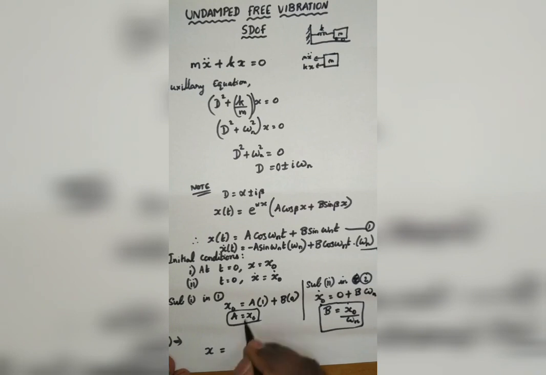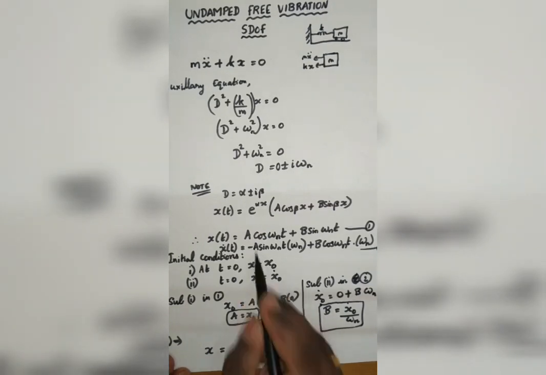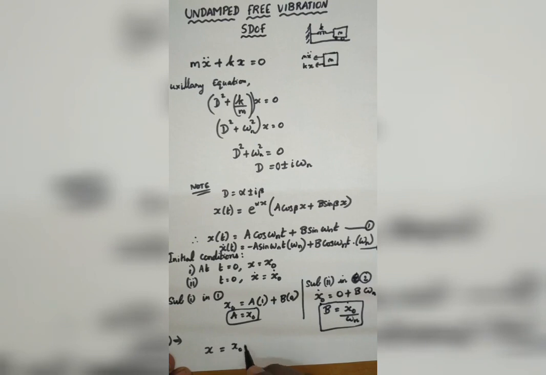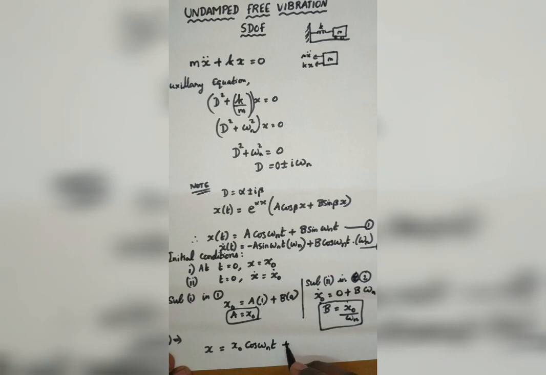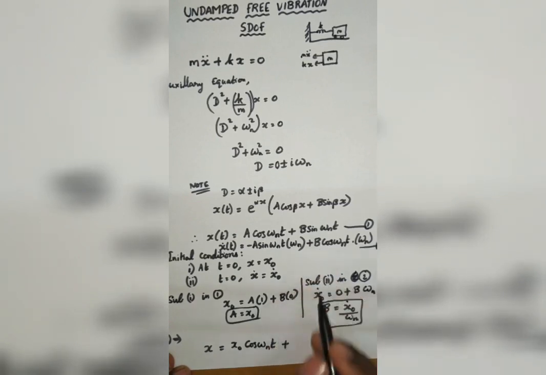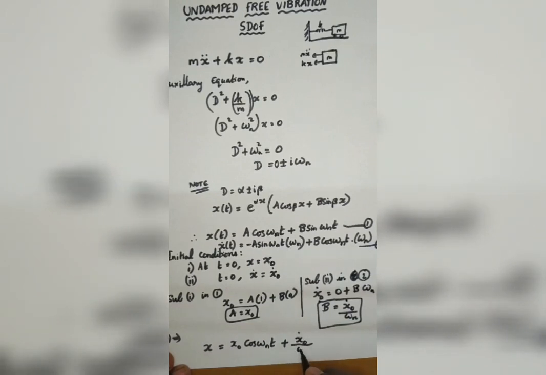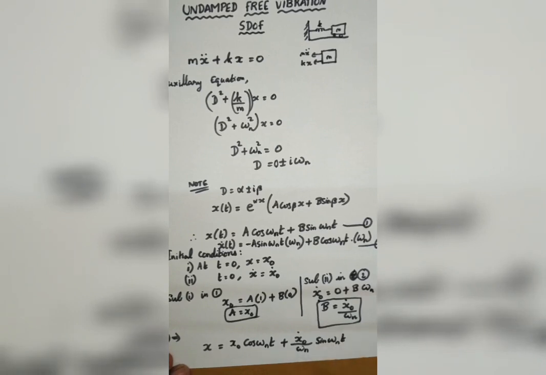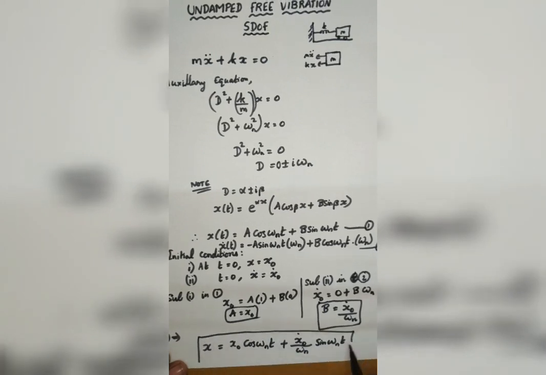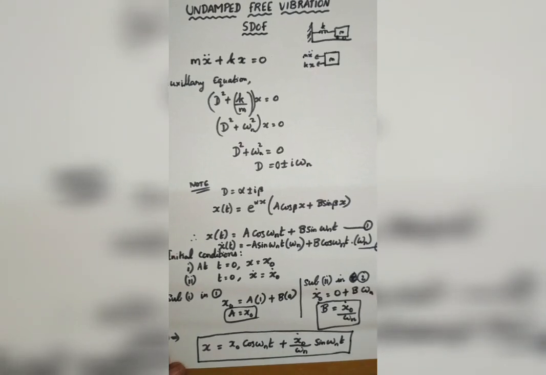X equal to, so a is x naught, I'm going to substitute here x naught cos omega nt plus b value, x naught dot by omega n sine omega nt. And this is the final solution for undamped free vibration of a single degree of freedom system.